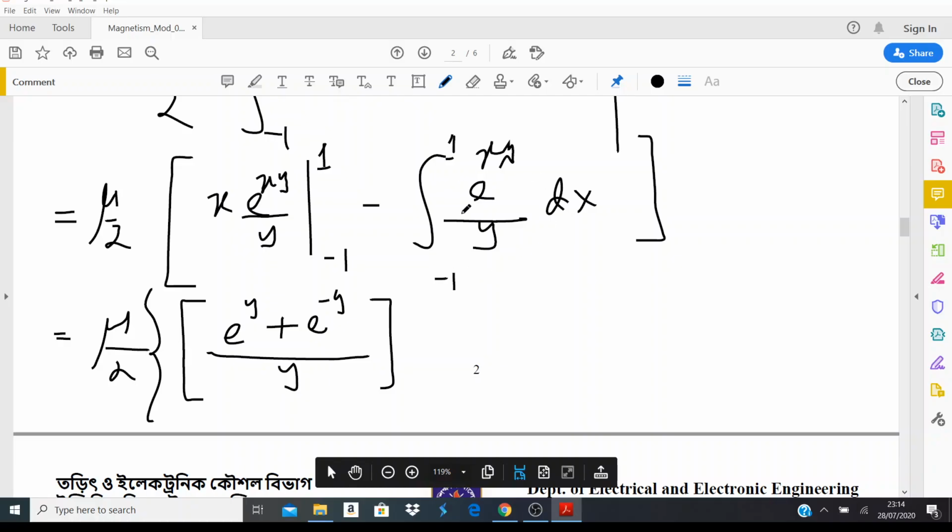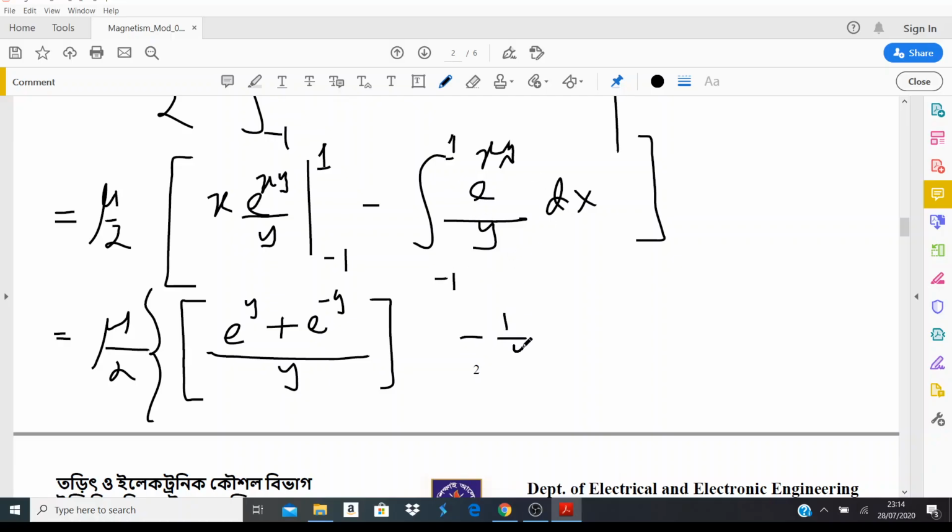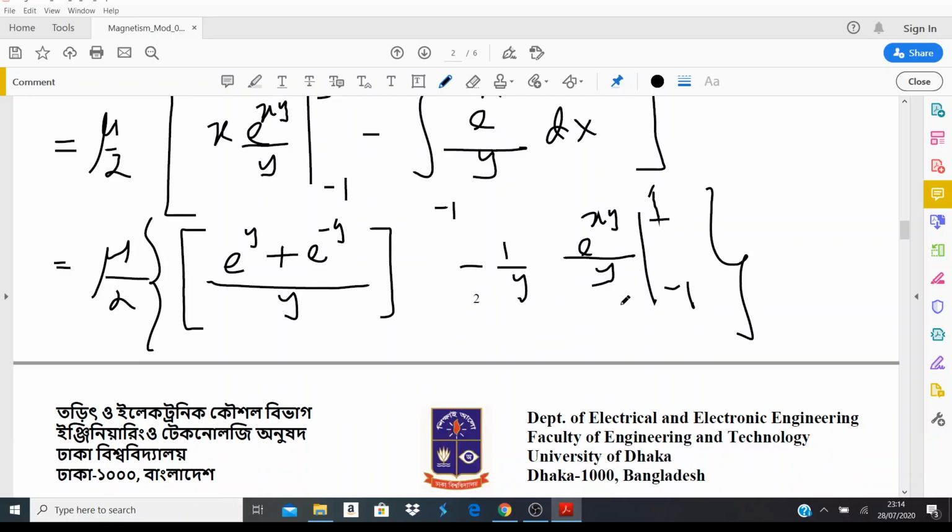And what about this? So 1 by y goes out, and the integration of e to the power xy dx, which is nothing but e to the power xy by y, and the limit -1 to +1, right? And then close the curly bracket. So we have two terms in this integration, right?